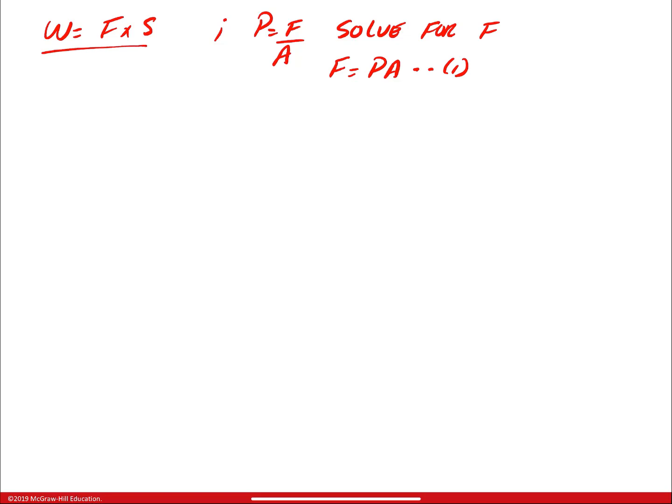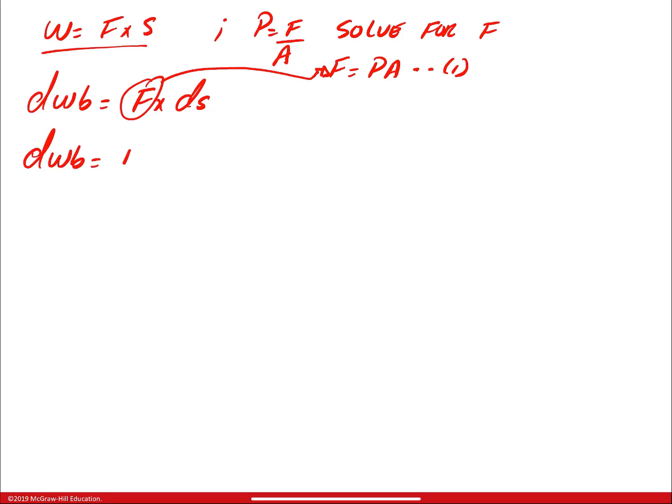If I put this equation in terms of differentials, then the differential of the boundary work is equal to force times differential of displacement. Now I'm going to take this force and substitute it with this one. So the differential of boundary work will be equal to pressure times area times differential of displacement.